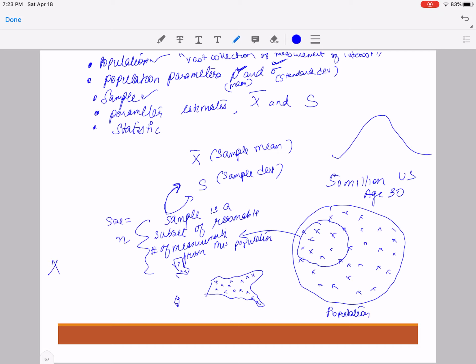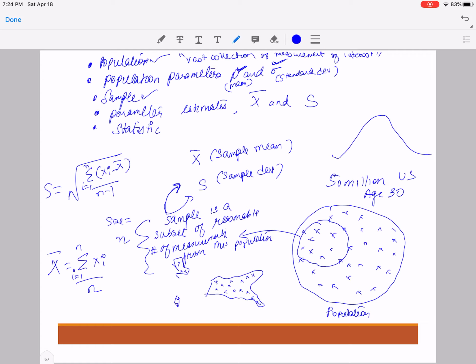So I can obtain X bar as summation i from 1 to n of x of i. So I add those weights together and divide that by total number of observations. So that is going to give me the sample mean. Whereas the sample standard deviation is the square root of summation i from 1 to n of x of i minus X bar, squared, over n minus 1.